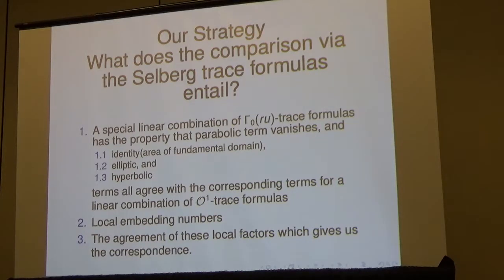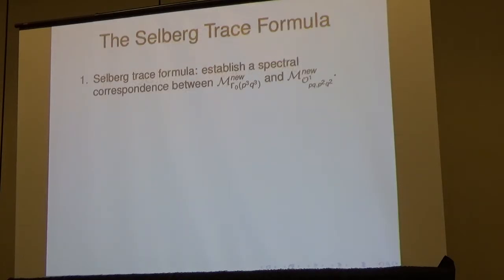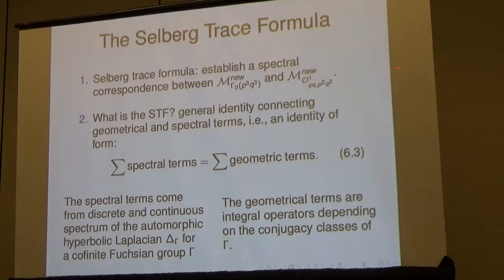Just to give some flavor, I tried to do a special example, but maybe I'll just say generally. Some of you may or may not be familiar with the trace formula. It's a general identity which connects geometric and spectral terms.